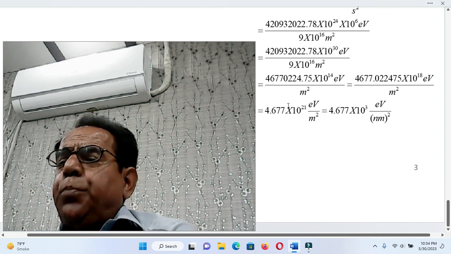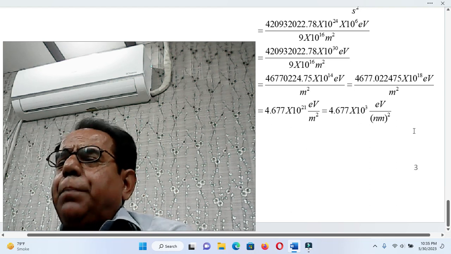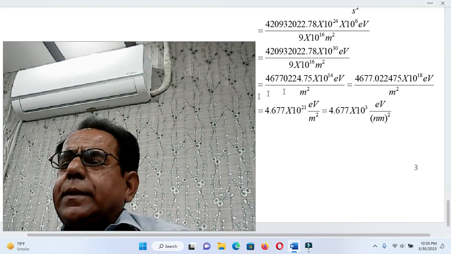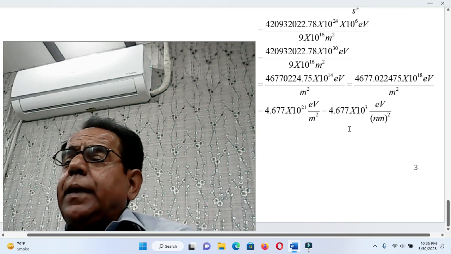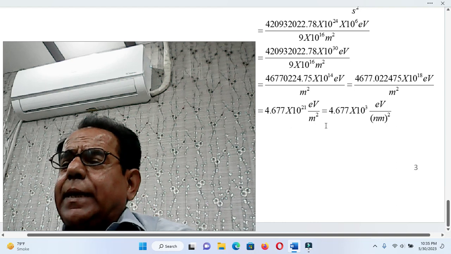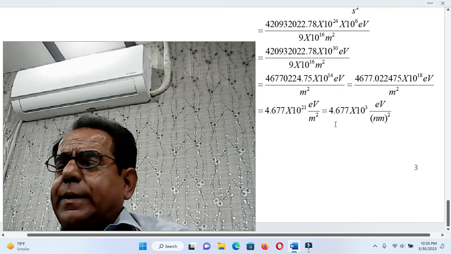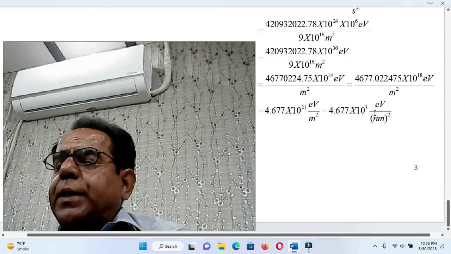Okay, both these values are 100% equal and 100% correct, acceptable, but we have just reshaped this quantity, this value into this, because this was in meter and this is in the shape of nanometer. Okay, 4.677 into 10 raised to the power 3 electron volt over nanometer square.